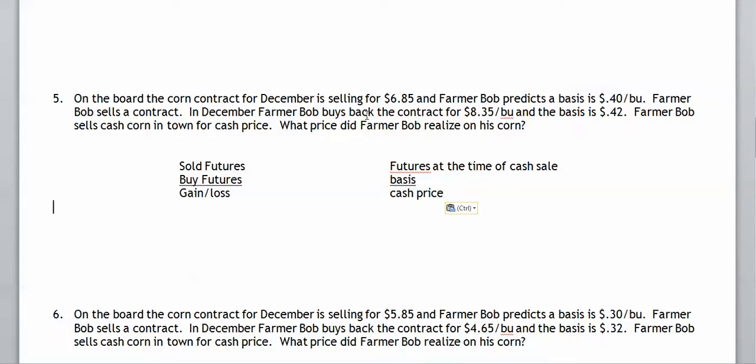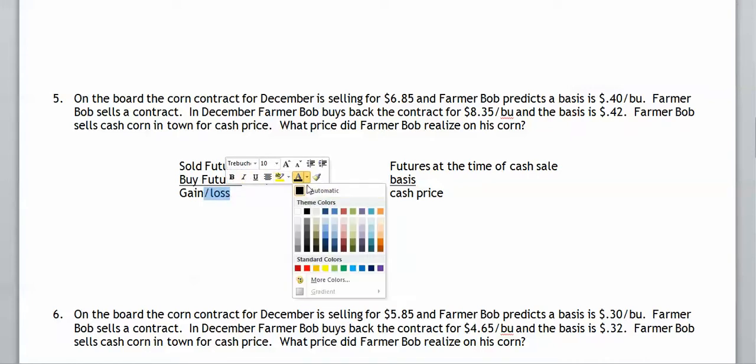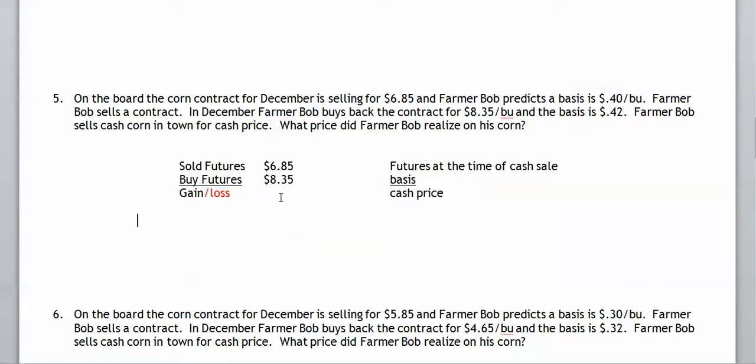In December, Farmer Bob buys back the contract for $8.35. So let's back up. We sell for $6.85. We buy futures at $8.35. That's a loss of $1.50 a bushel.